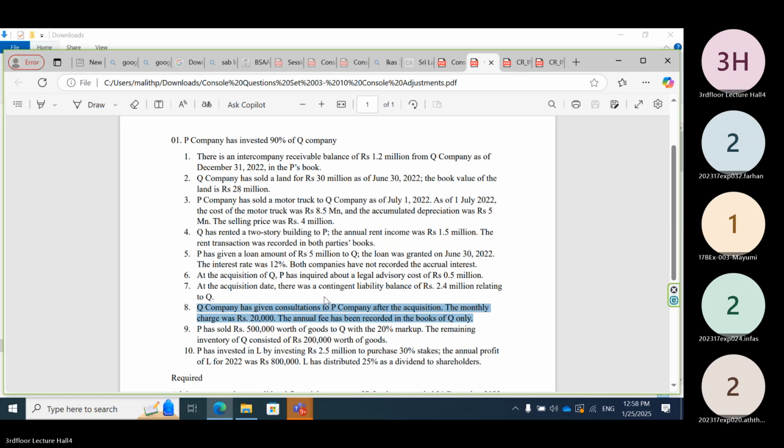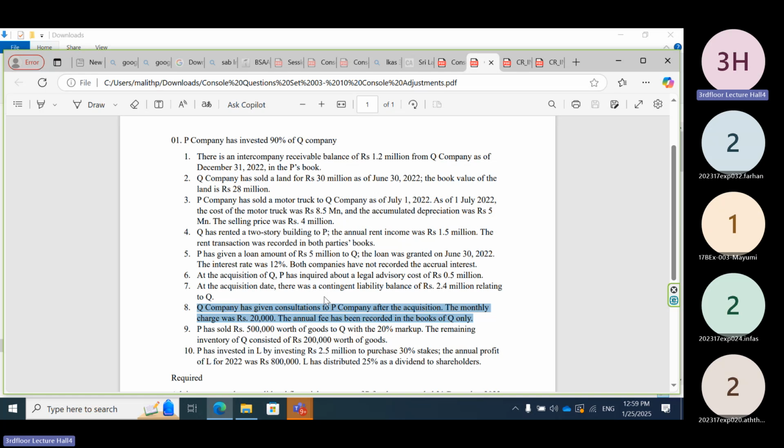Once you are having this intercompany sales, you can easily understand this, right? What we need to do: A company and B company, parent and subsidiary.